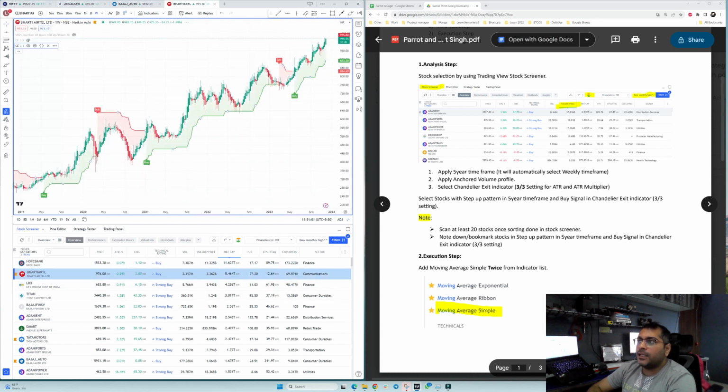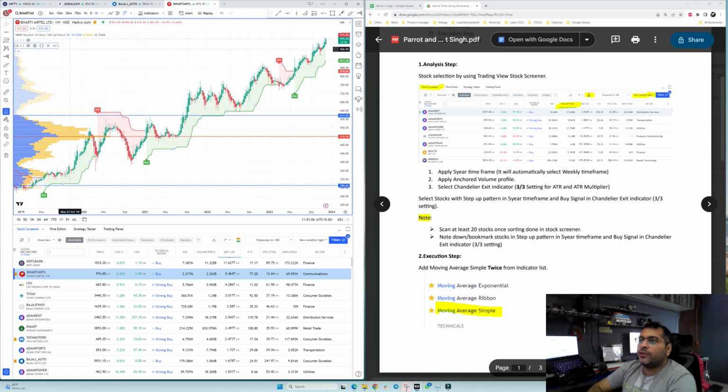Second would be Bharti Airtel. So this is the anchored volume. I have the tool selected. For users, you need to select it again and again. I have the tool selected in my trading view, so I'm just making use of it.